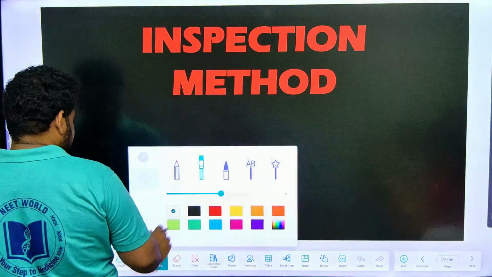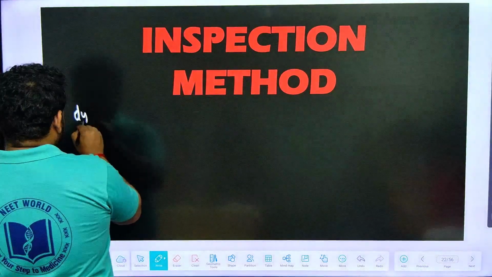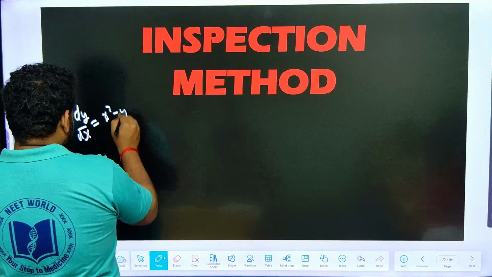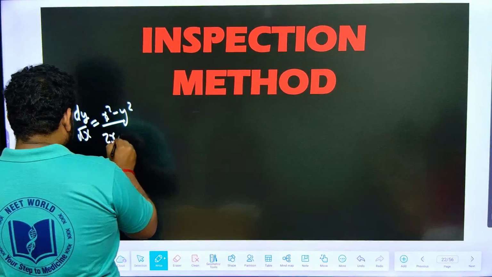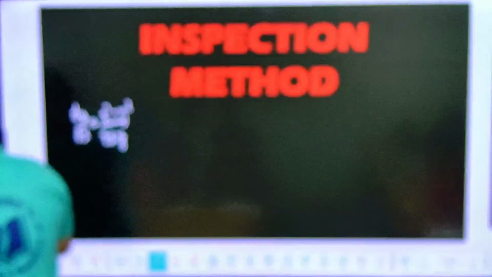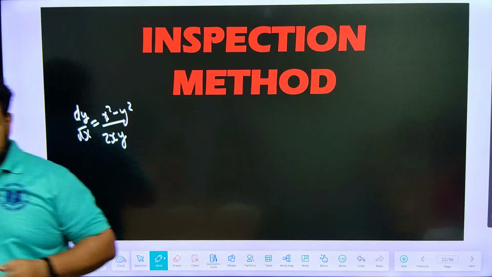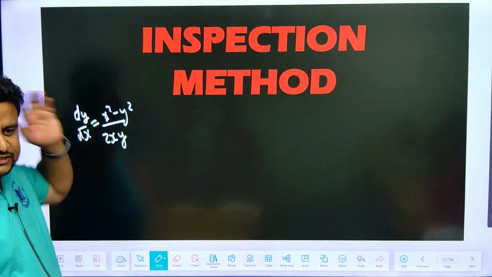See here, earlier we solved a question, that is dy by dx equal to x square minus y square by 2xy. Now see here, this one, how we can solve using the inspection method.